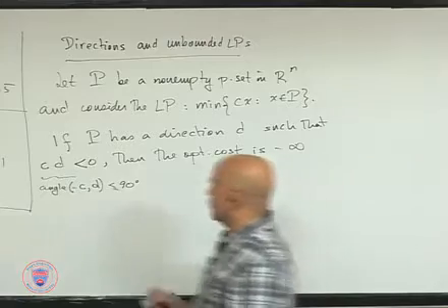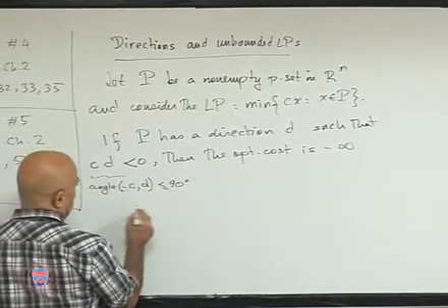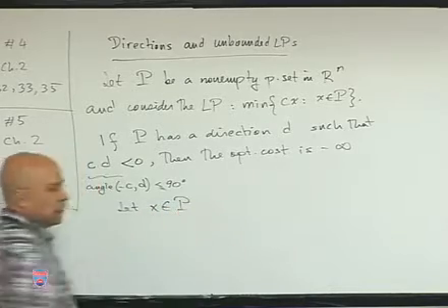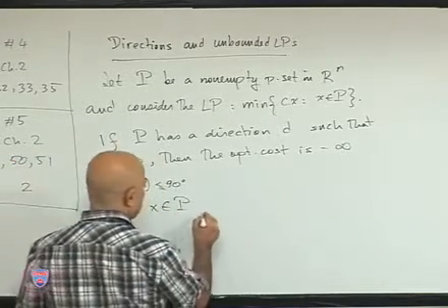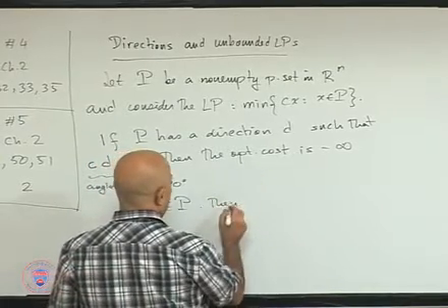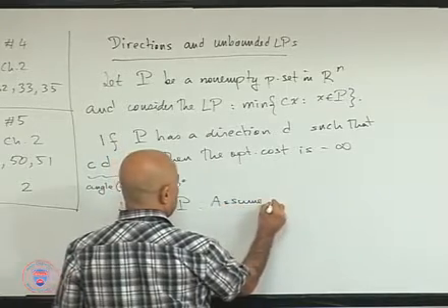Why is that true? That's pretty obvious, actually. So let x be a point in the polyhedral set P. Assume such a D exists.